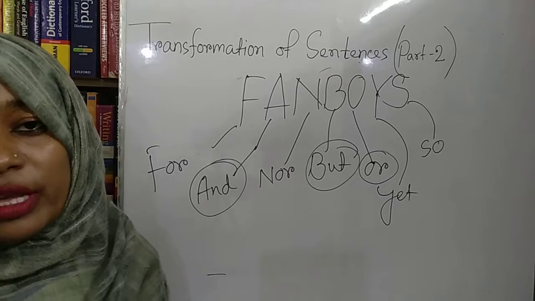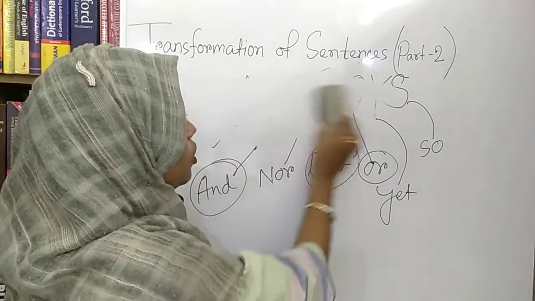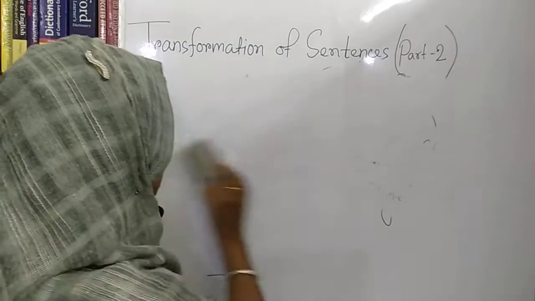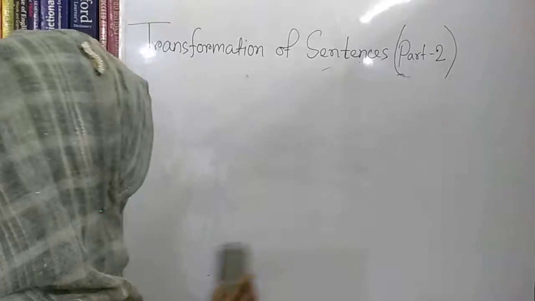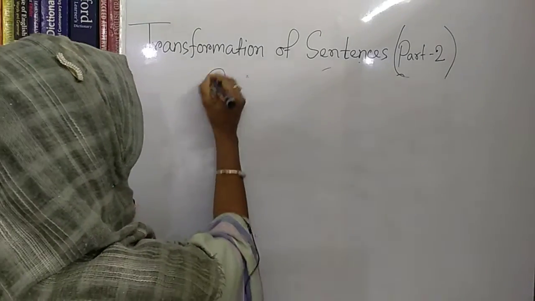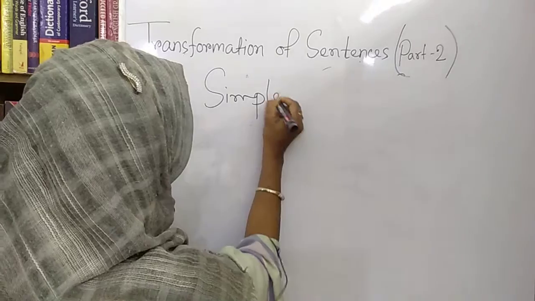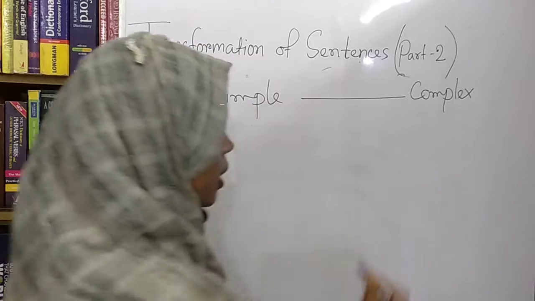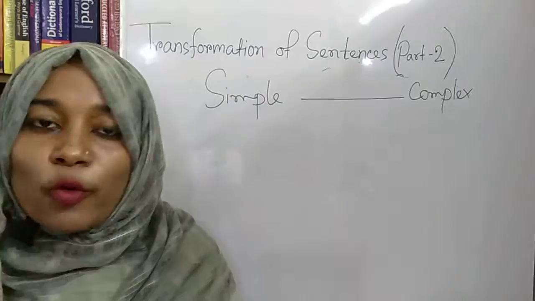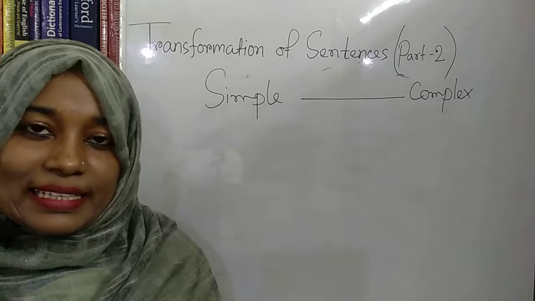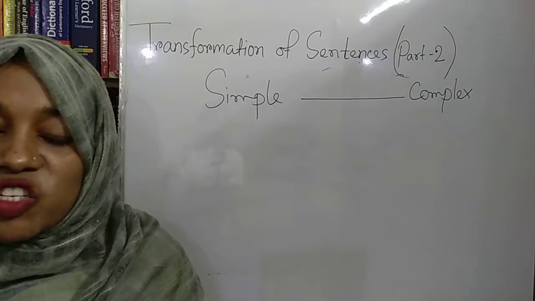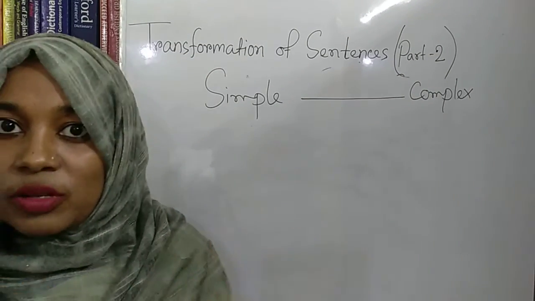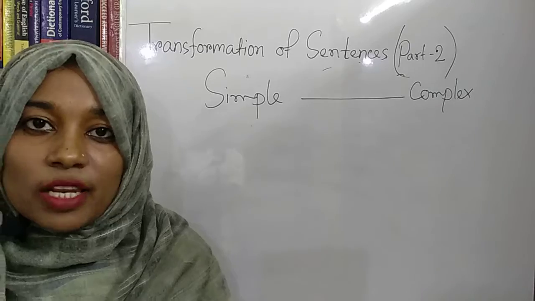Today I will show you only simple to complex. My dear students, we know a simple sentence contains a subject and a finite verb. It means in a simple sentence there is a single clause.